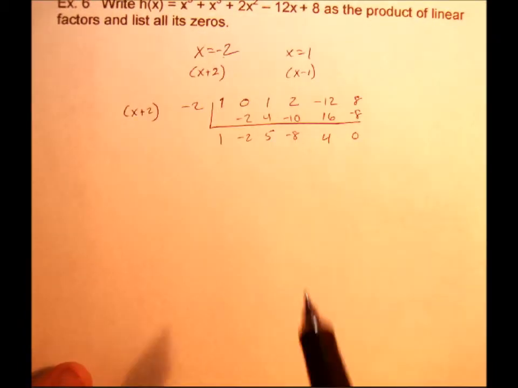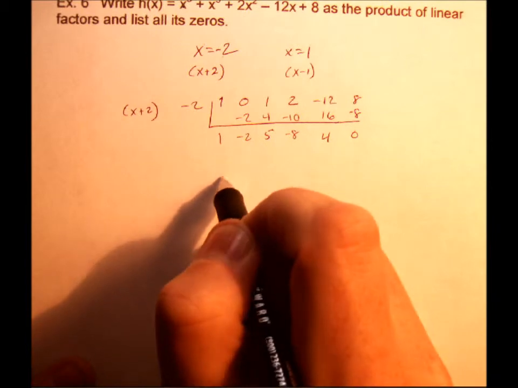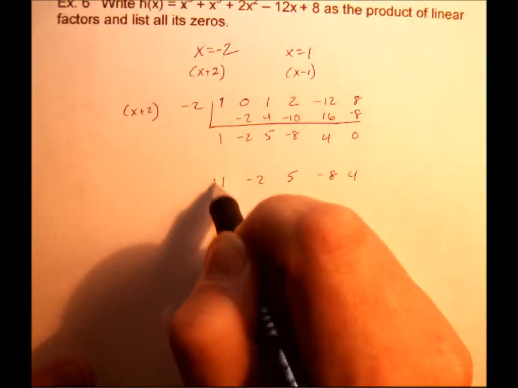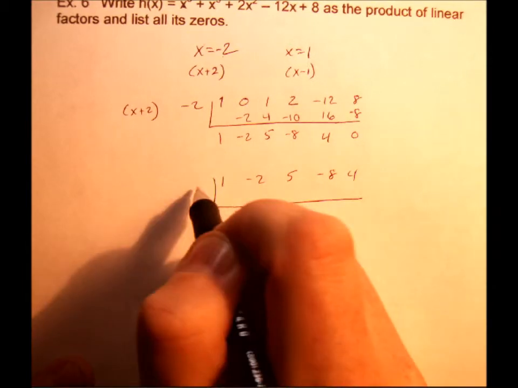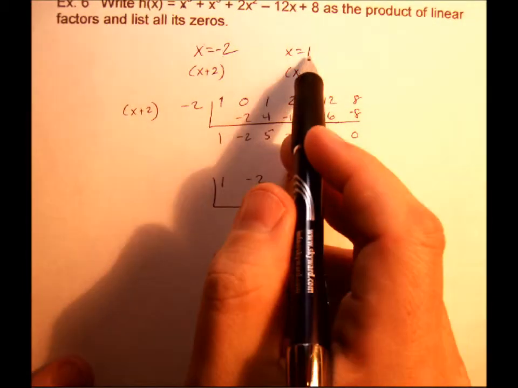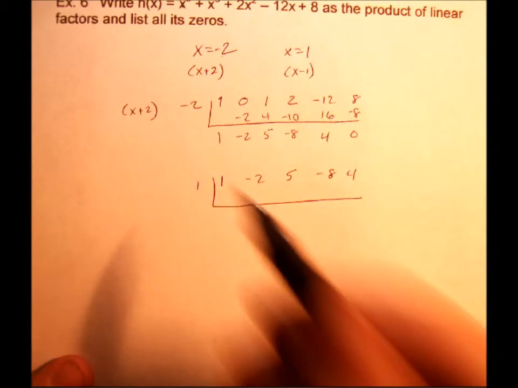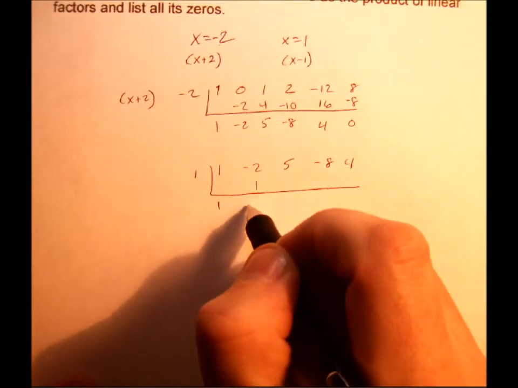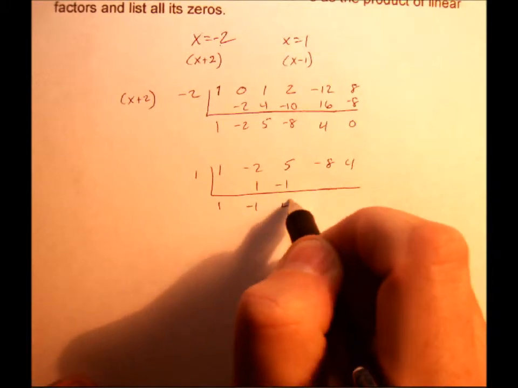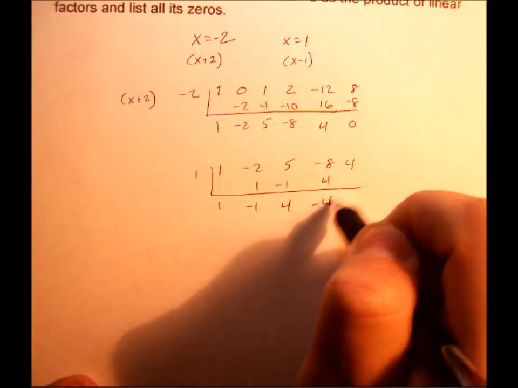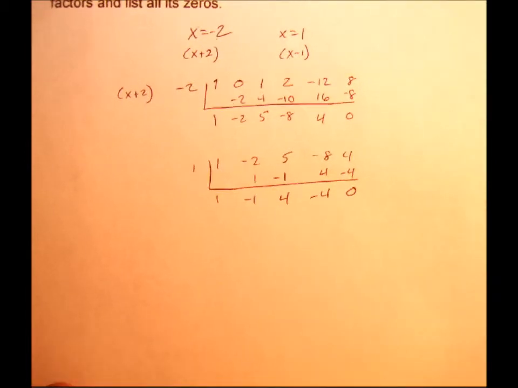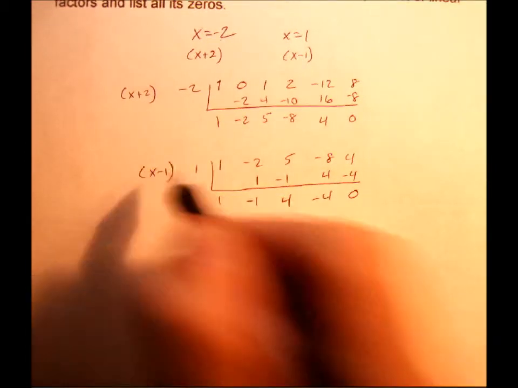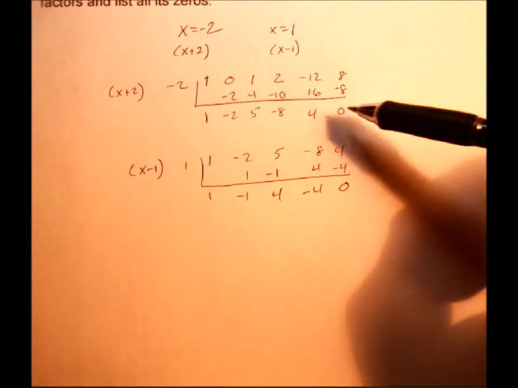Let's take what we have left there, the 1, -2, 5, -8, and 4, and divide that by the x minus 1 factor, or just the 1 out in front. Again, drop it down, multiply, add, multiply, add, multiply and add, and multiply and add. There we just showed that those two are the factors, and this is the x minus 1 factor, since both remainders are 0.